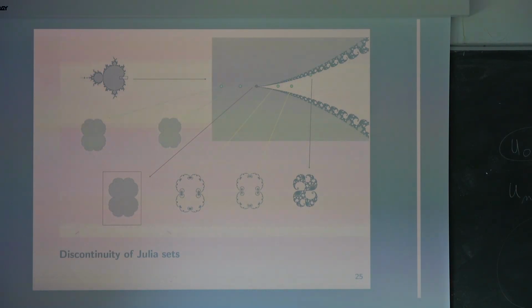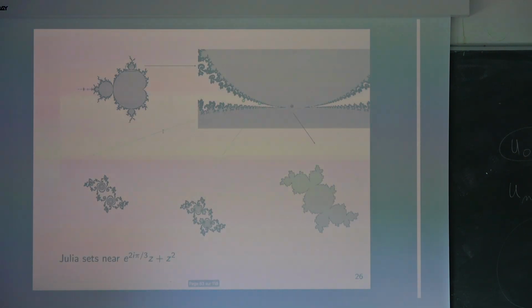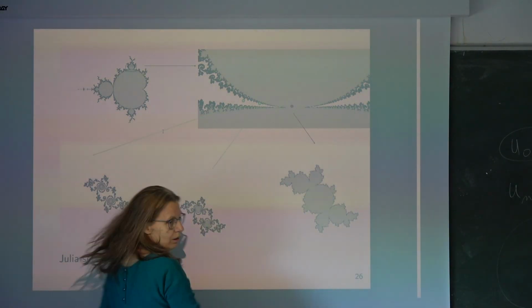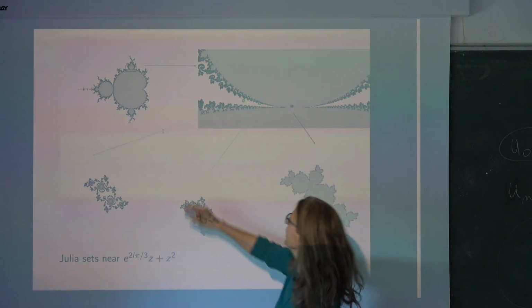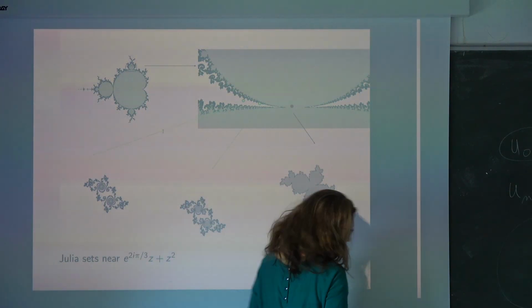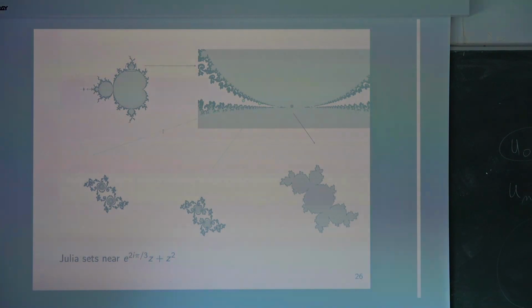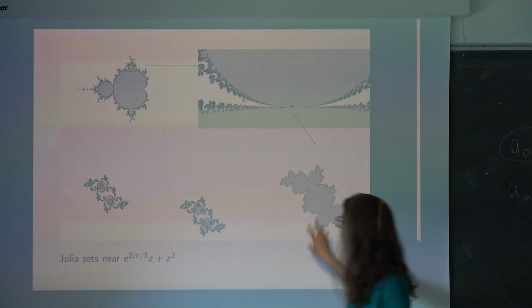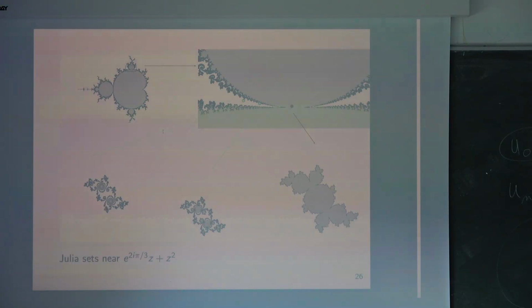So you don't have continuity of the Julia set at this parabolic point. But inside the gray, you have continuity. And this is another parabolic point, with some multiplier, and you have the same picture of a Cantor set, which is not converging continuously to the limit.